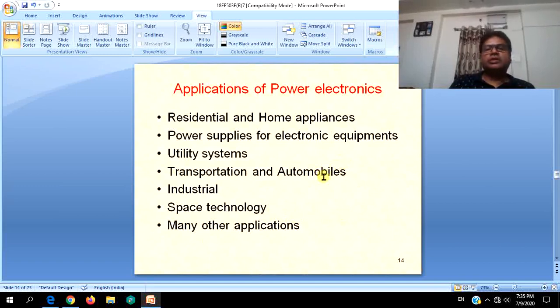These things we have already discussed in the previous classes or sessions. Power electronics has abundant applications in almost all fields, may it be research, development, technology or day-to-day use. It can be broadly categorized into residential and home appliances, power supplies for electronic equipment like UPS and SMPS, utility systems like transmission, distribution and generation, transportation and automobiles, industrial applications, space technology, and many other applications.